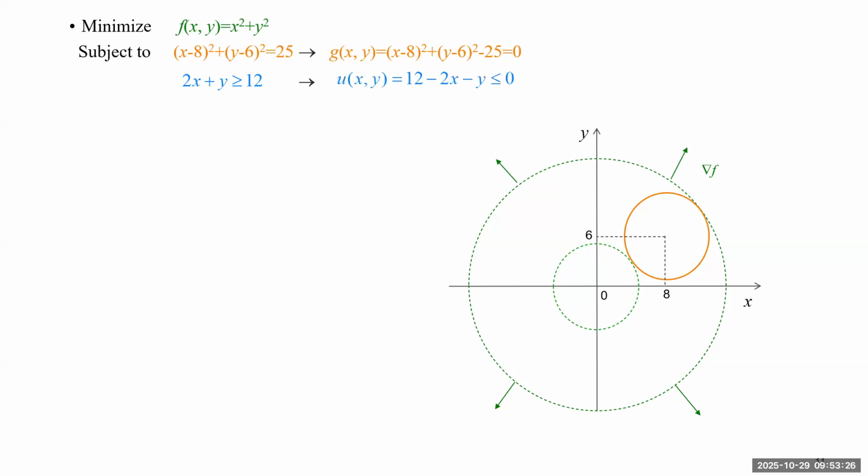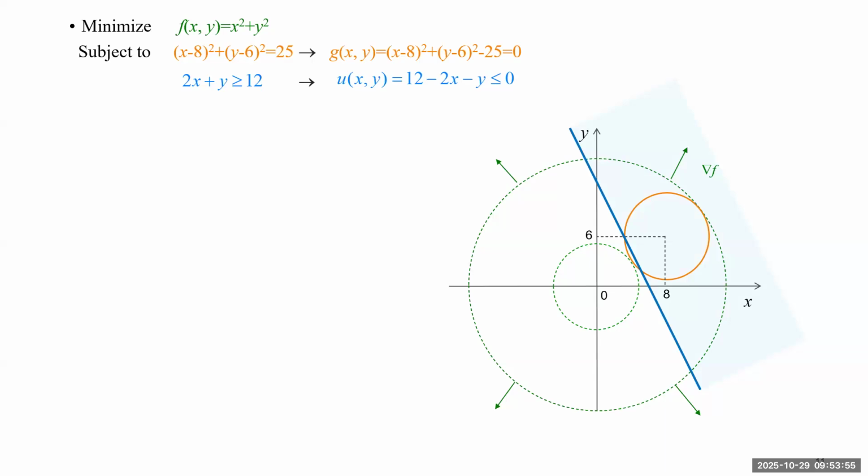If we convert this inequality to the standard form, u less than or equal to 0, it will be 12 minus 2x minus y less than or equal to 0. If you draw that line, that's this straight line. The straight line intersects the circle at two points, and only one side of the line, including the line itself, is the feasible region.